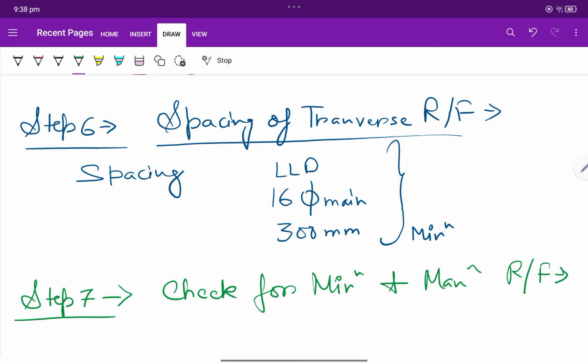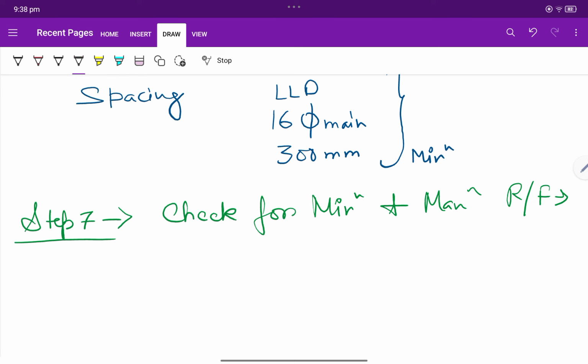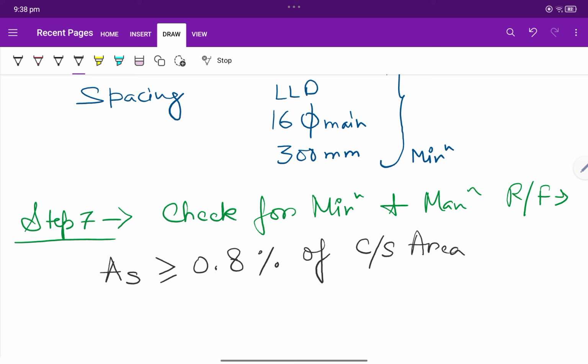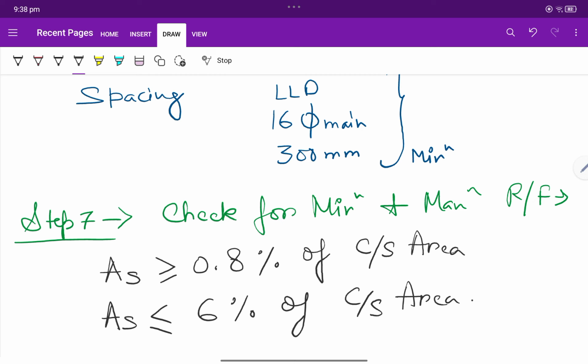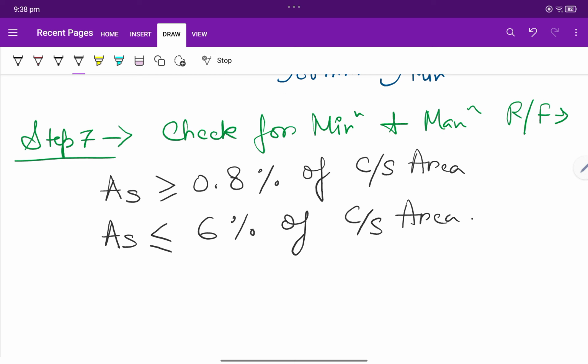The check is that the area of steel should be greater than or equal to 0.8% of the cross section area, and the area of steel should not be greater than 6% of the cross section area.